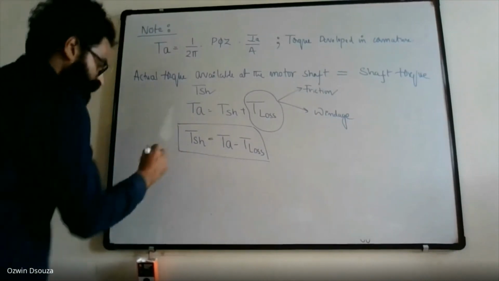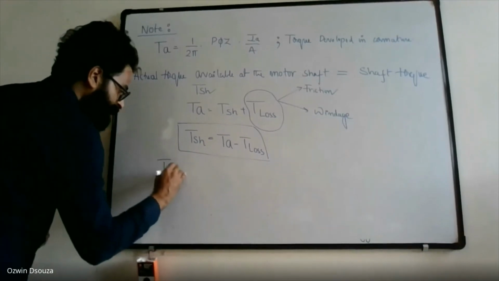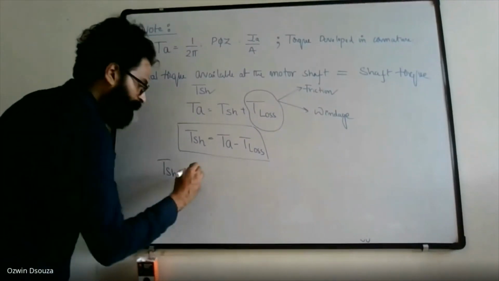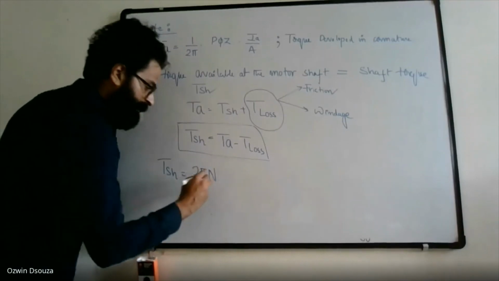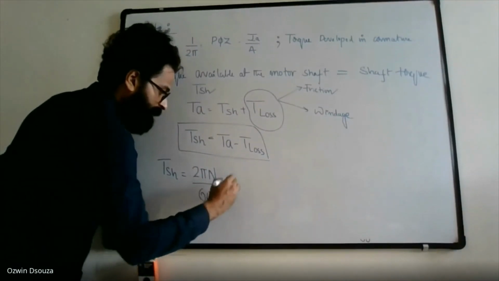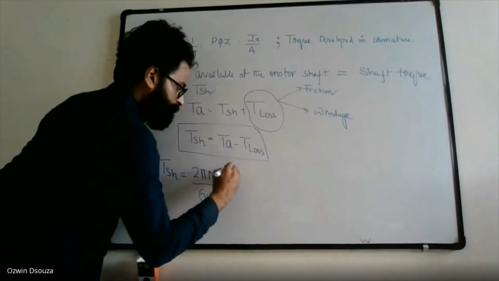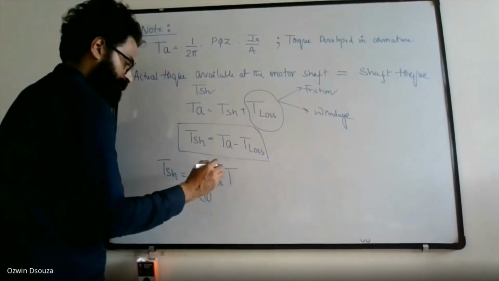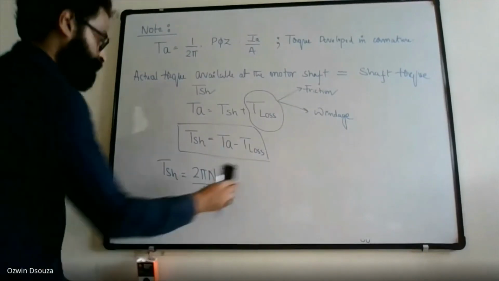Okay, so normally TSH can be found using the formula 2 pi N divided by 60 into, sorry, yeah, it is the other way around.